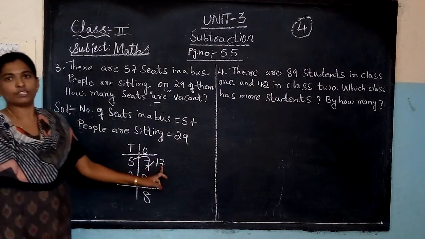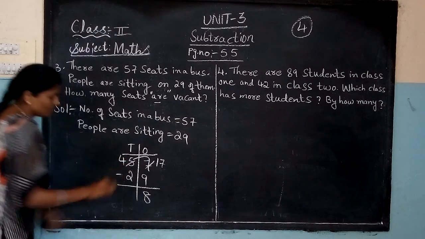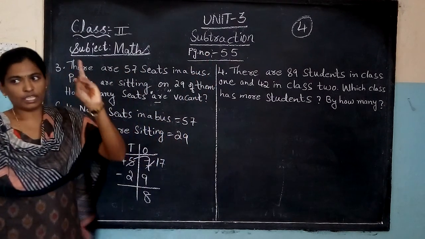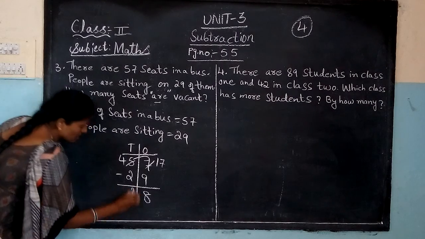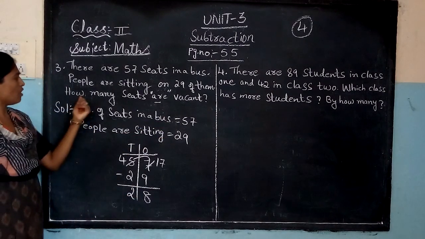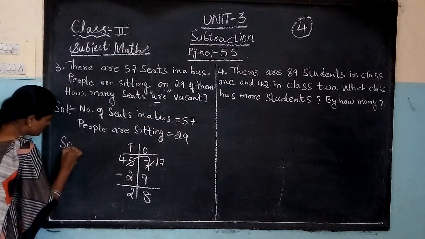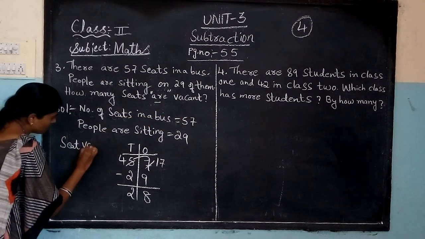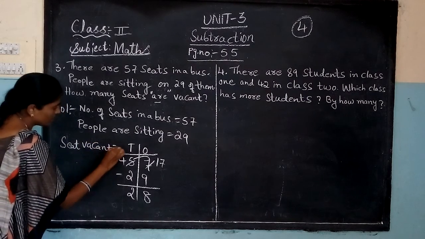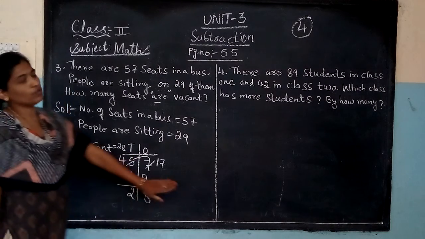One number is given to the ones column, so one number will be less here. 5 before, number 4. 4 in the mind, 2 on your fingers. 4 before 3, 2. Total seats remaining means 28. How many seats are vacant? Is equal to 28. Yes, you do it in your textbook.